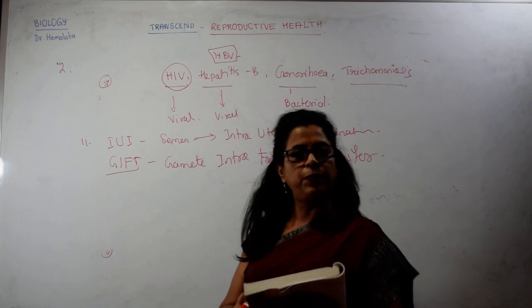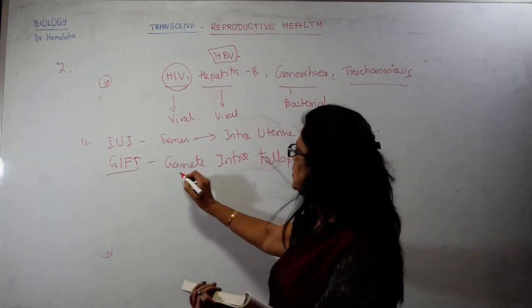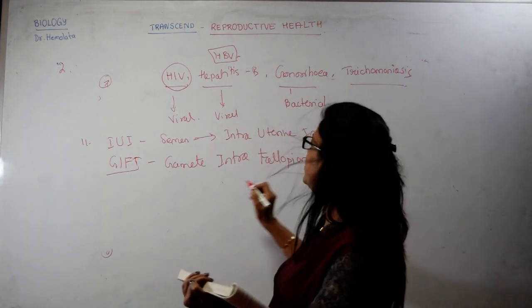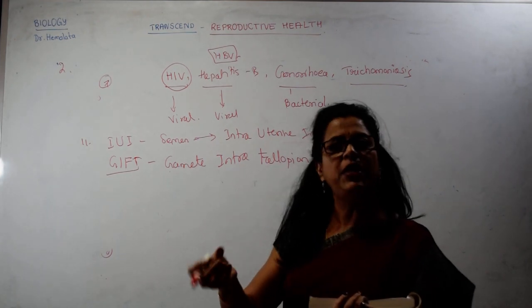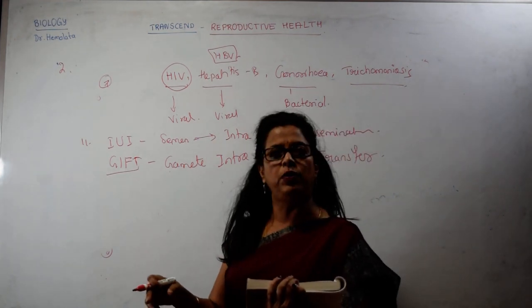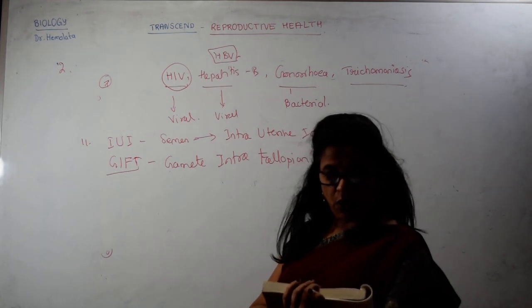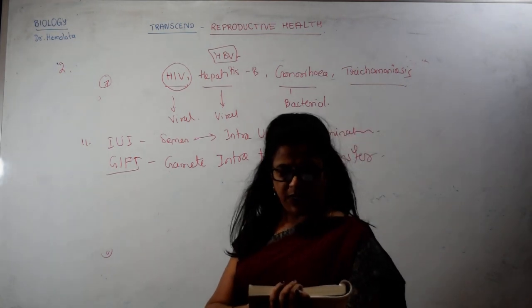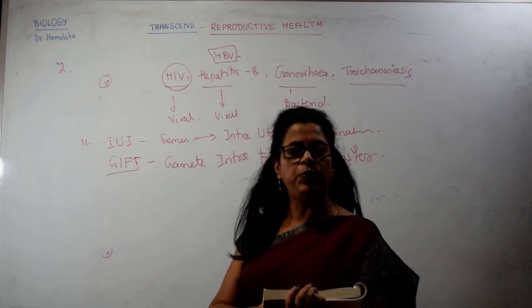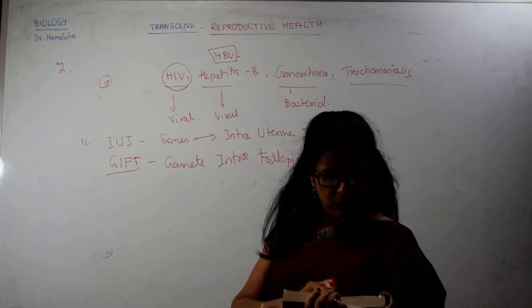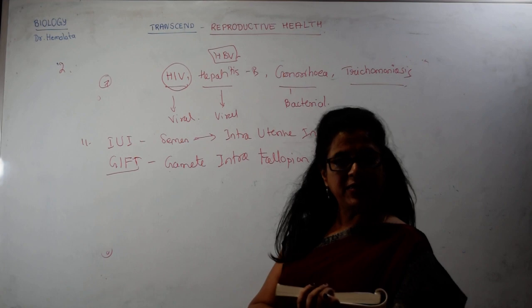See, it is 100% wrong, because the word itself is gamete intrafallopian transfer, meaning both male and female gametes are taken and transferred to the fallopian tube, not the complete embryo. They said embryo with more than 8 blastomeres is transferred to the fallopian tube, which is a wrong answer. So in this, GIFT's given answer is wrong.